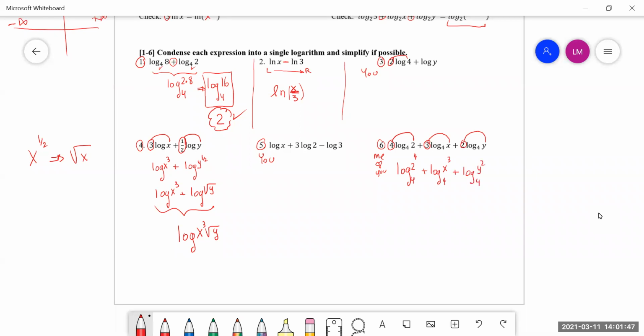So they're all put back where they belong. I'm going to take one more step. Log base 4. Well, 2 to the 4th is 2 times 2 times 2 times 2, which is 16, plus log base 4 of x cubed plus log base 4 of y squared.